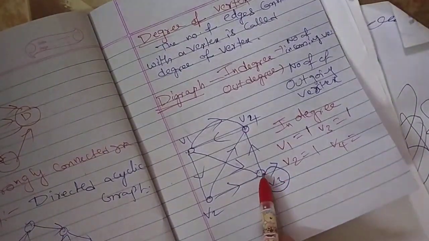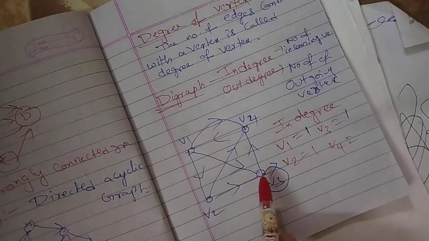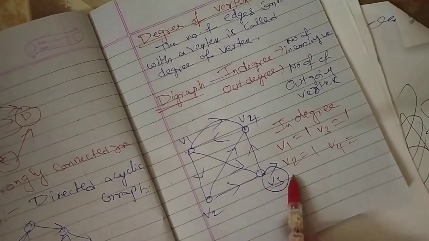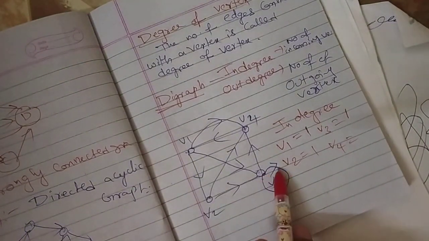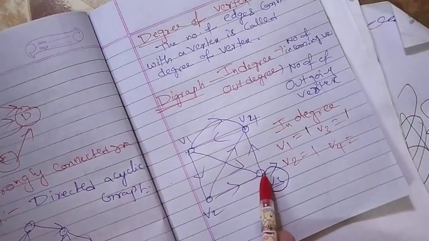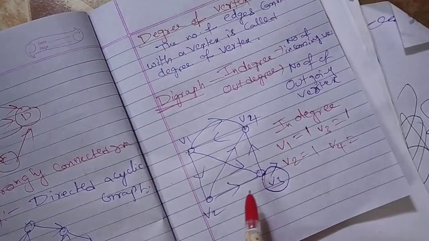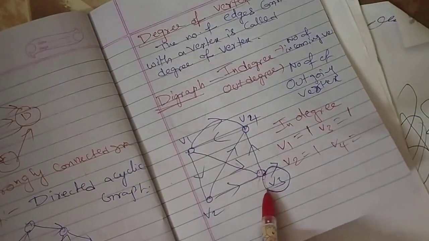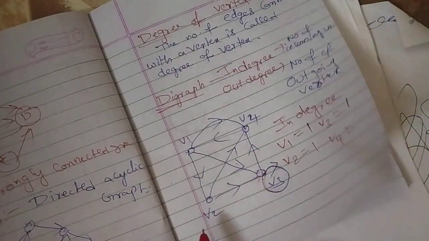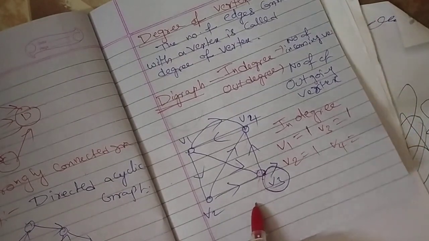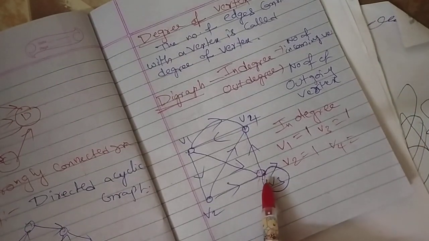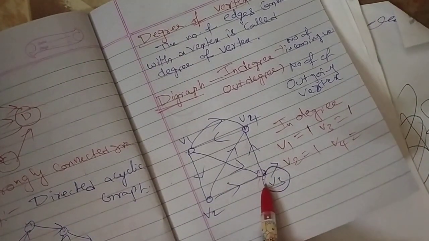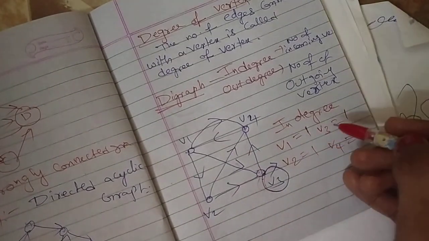Because whenever a self loop appears, in degree is 1 and out degree is also 1, and the total degree of the self loop is 2. That's why you calculate in degree plus out degree of a self loop as equal to 2. Right. Now you tell me V3.